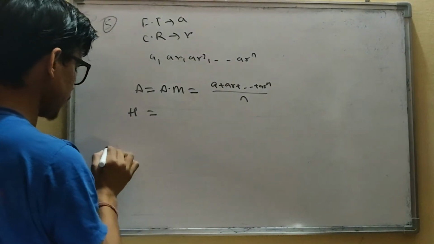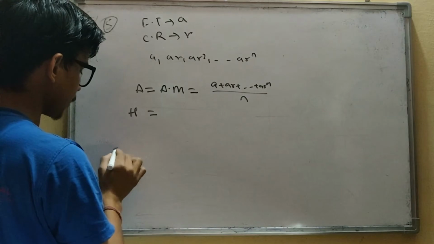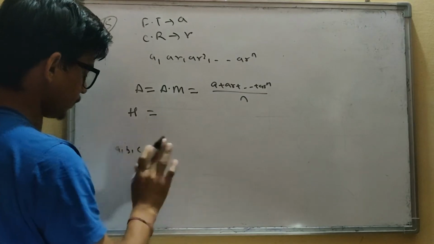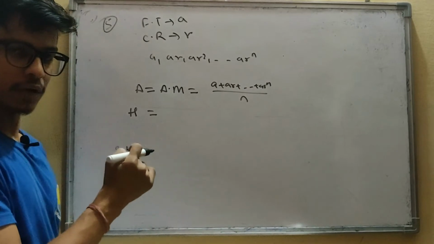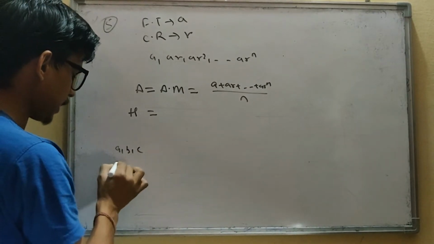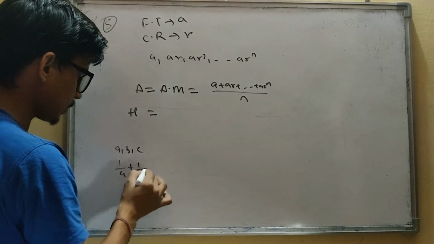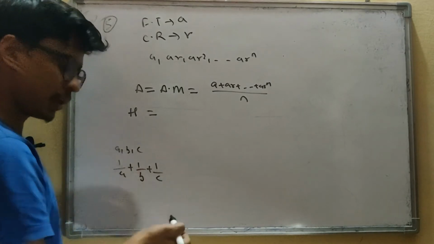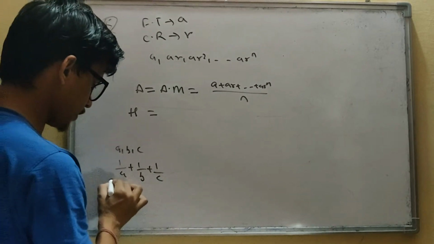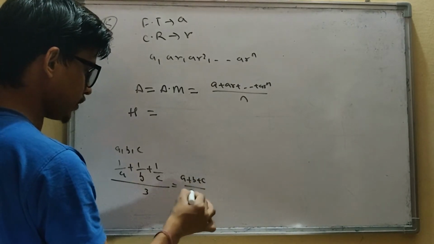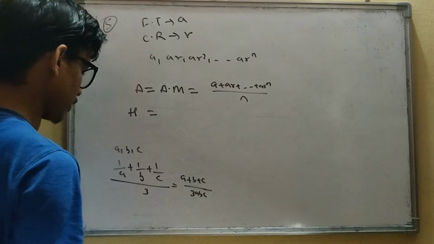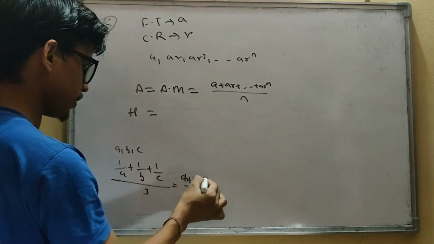So what you can say is, if there are A, B, C, just for illustration purpose, and I have to find the harmonic mean, what I can do is I can sum them by taking the reciprocal of these terms and divide by 3, right? So it is going to be AB plus BC plus CA divided by 3ABC.